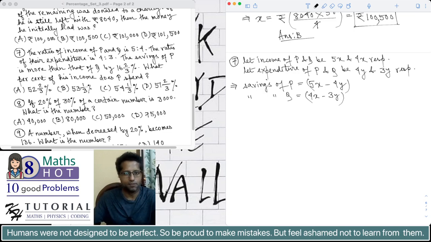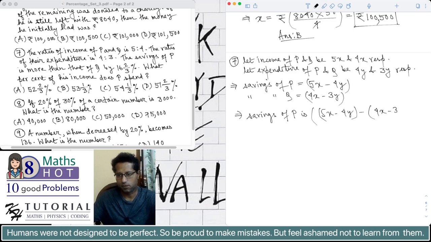Since we know the savings of P and Q, even though in terms of x and y, savings of P is 5x minus 4y, and this minus 4x minus 3y is how much more savings of P is than savings of Q.